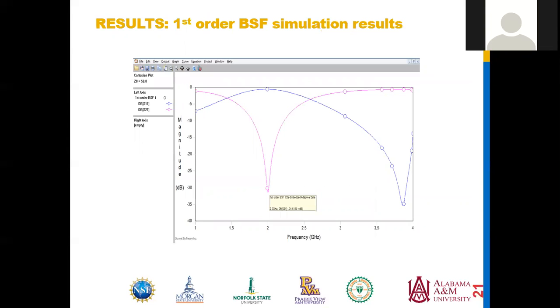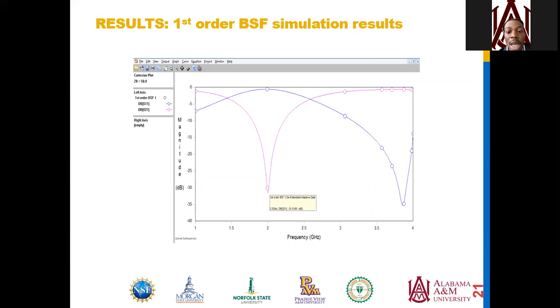Hello, my name is Christian McIntosh, and here we have our first order bandstop filter simulation results. We have our 2 lines, blue and pink, with the blue line being our S11, which is our reflection coefficient, and our pink line being our S21, which is our transmittance.